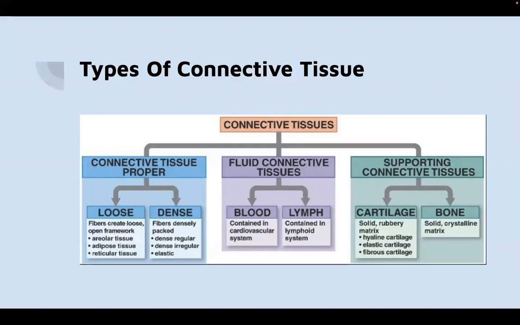So now we are going to talk about the types of connective tissues. As you can see here is a little chart representation of the different kinds of connective tissues and what subgroups they're in.